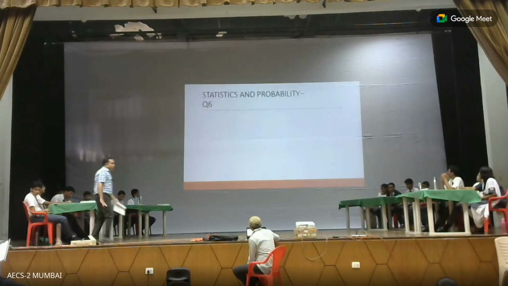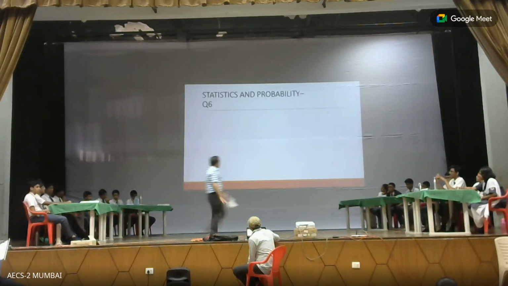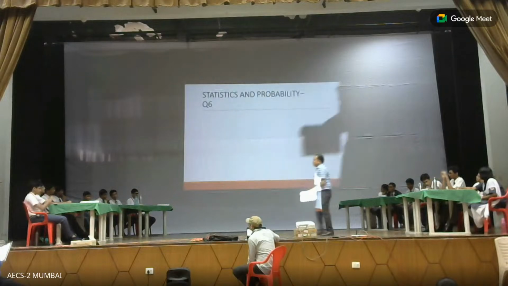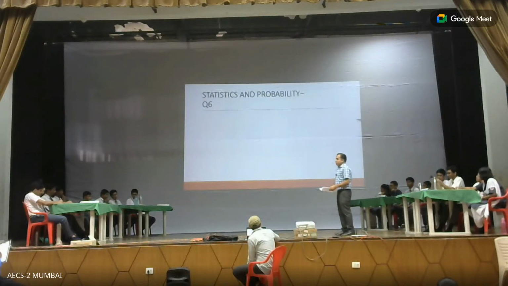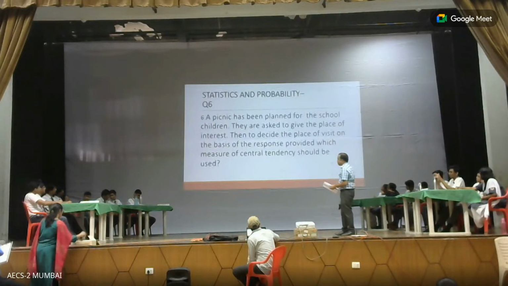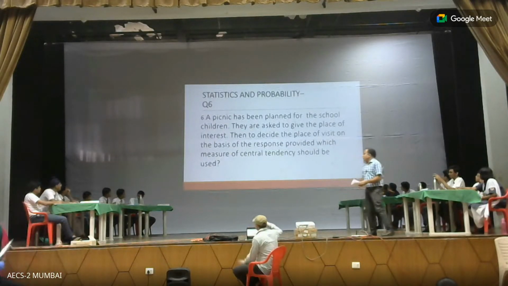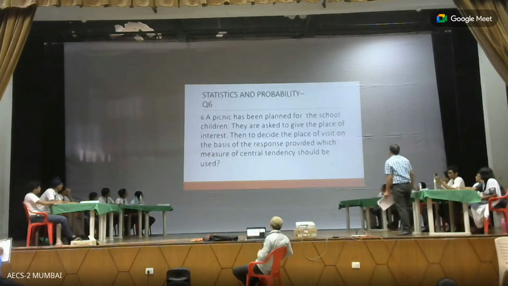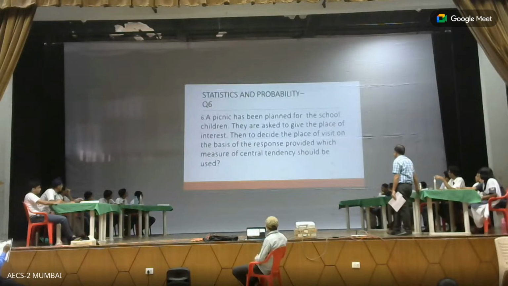Let's not waste time, move ahead, and the next question goes to our next team, Bhaskaracharya. Are you ready? The question is in front of your screen. A picnic has been planned for the school children. They are asked to give the place of interest, then to decide the place of visit on the basis of their response.